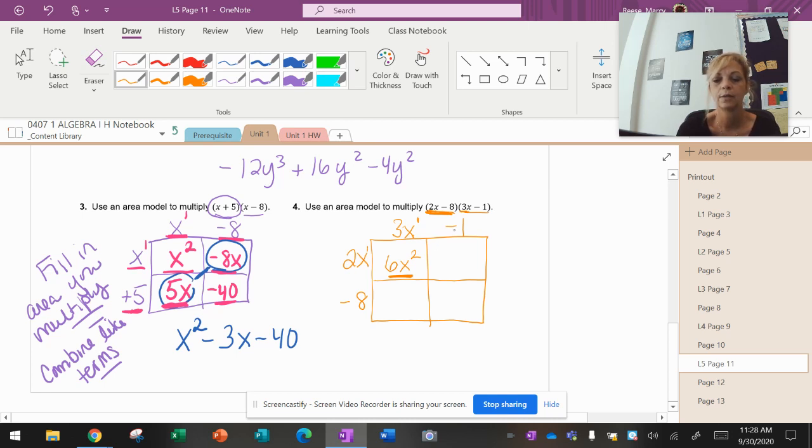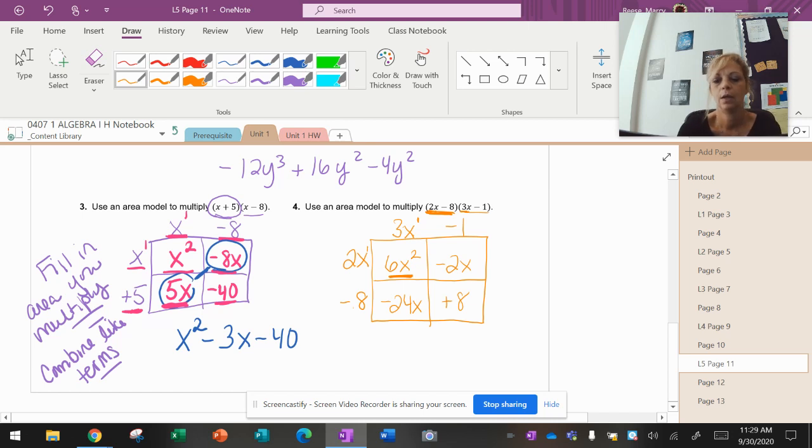Then I've got 2x times negative 1, which is negative 2x, for the next block. Down here, 3x times negative 8 is negative 24x. And then that bottom one, negative 8 and negative 1 make a positive 8.